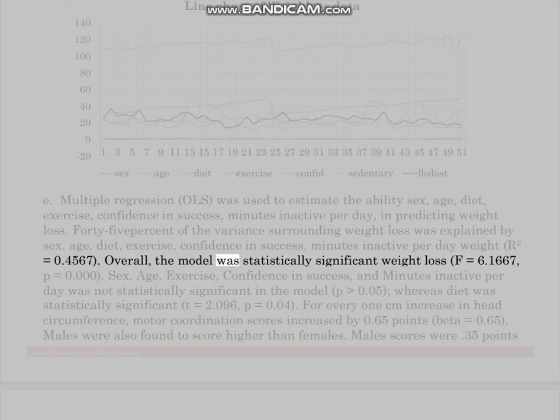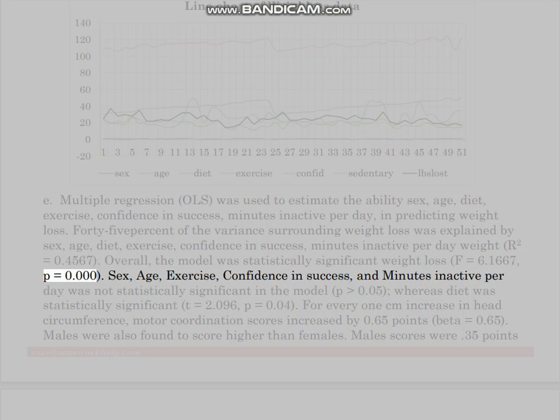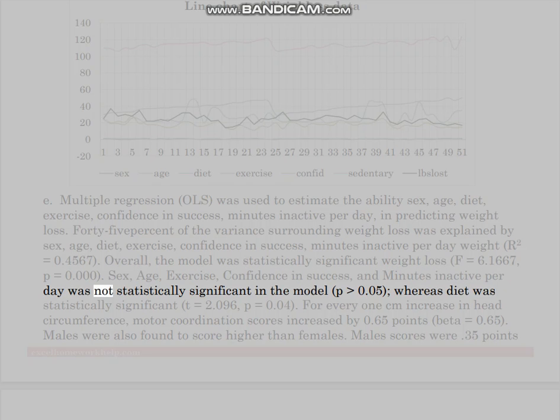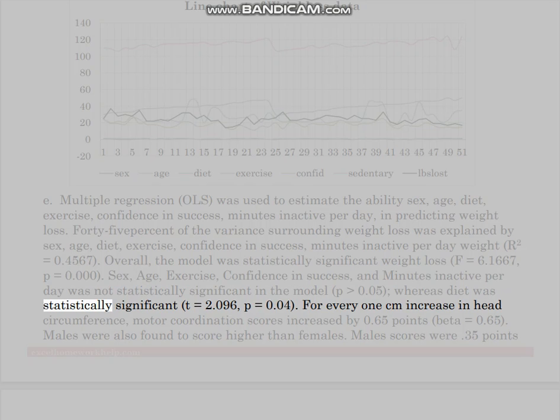Overall, the model was statistically significant, F equals 6.1667, P equals 0.000. Sex, age, exercise, confidence in success, and minutes inactive per day were not statistically significant in the model, P greater than 0.05, whereas diet was statistically significant, T equals 2.096, P equals 0.04.